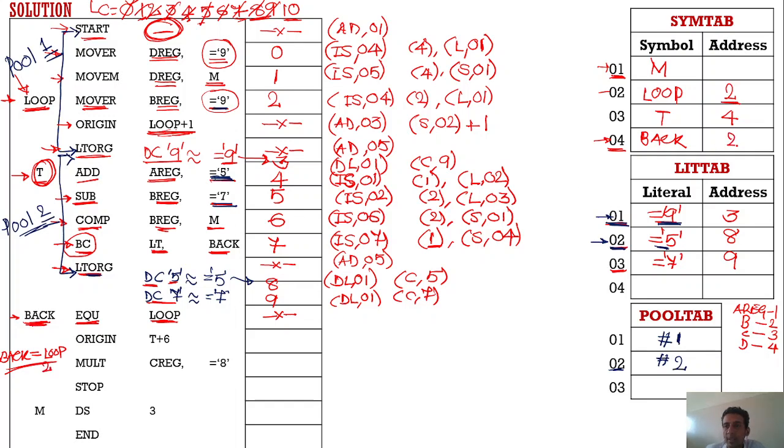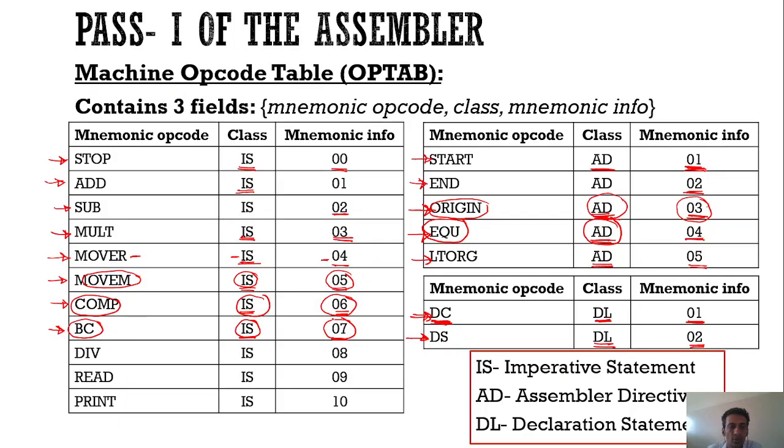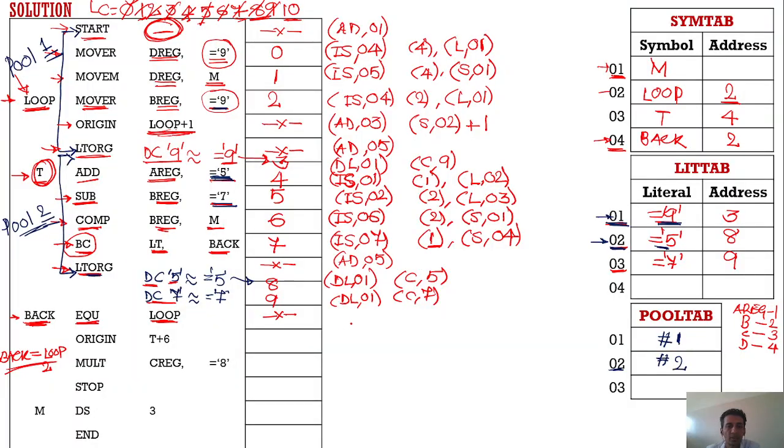In the intermediate form we should know the mnemonic info of EQU, which is 4. So I should write AD comma 04 against EQU, and LOOP is my symbol from the symbol table having ordinal position 02. The length of this instruction doesn't matter because this is an assembler directive, and we are not going to load this instruction in memory.